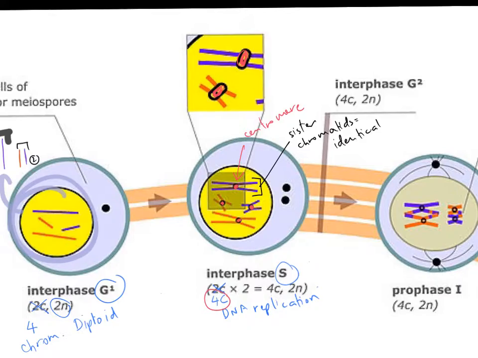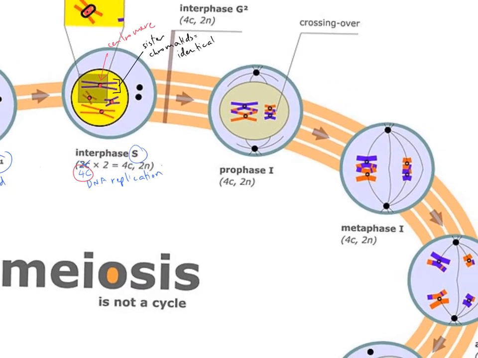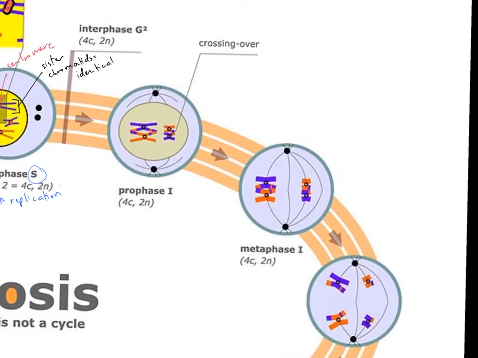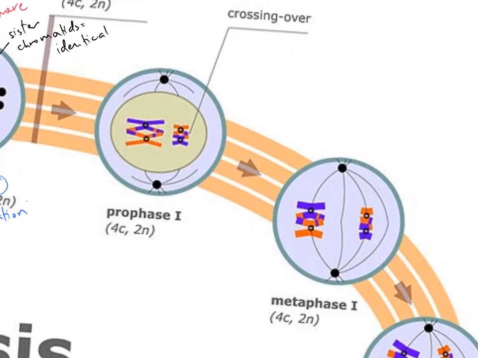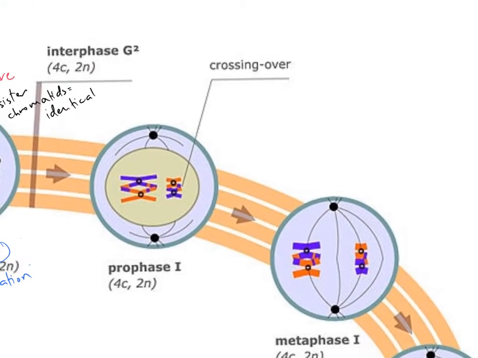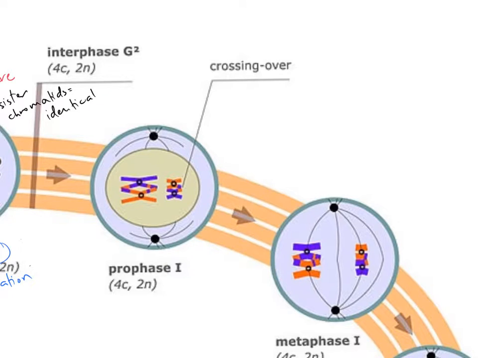Now we're going to go to metaphase. Remember prophase is when crossing over occurs. This is your tetrad over here.